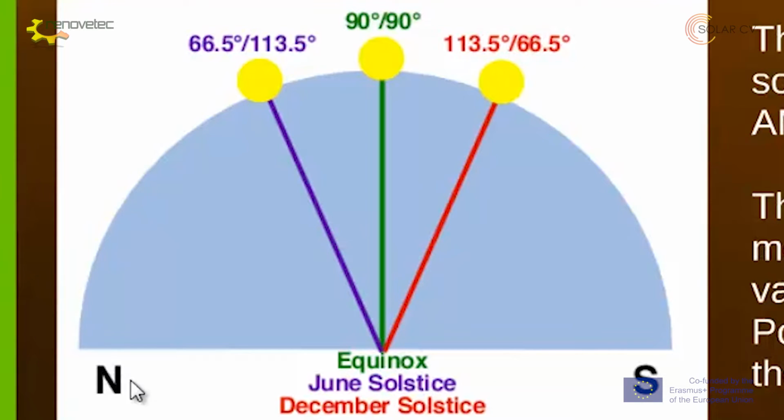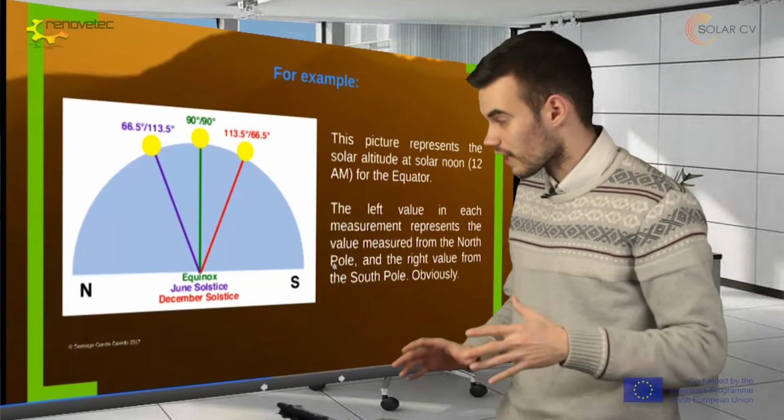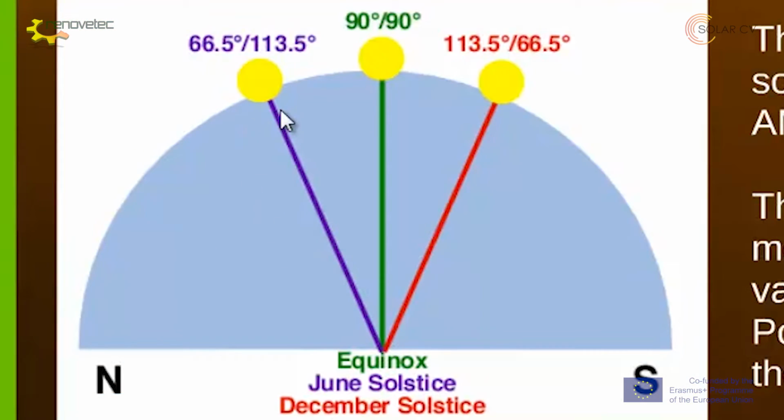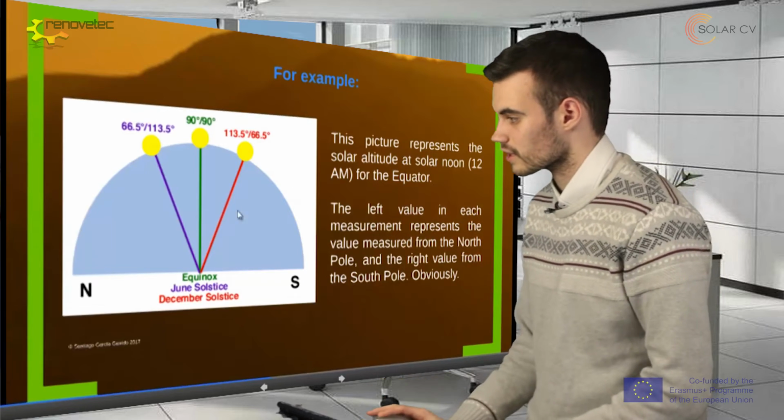We have the north, the south, and for example, for the equator, the line which divides the Earth in two half parts, this line is for the June solstice, summer solstice, and measured from the north is 66.5 degrees, and measured from the south is 130.5 degrees. And in the opposite, we have the other angle for the December solstice.